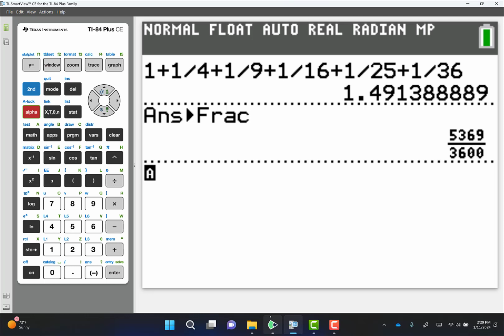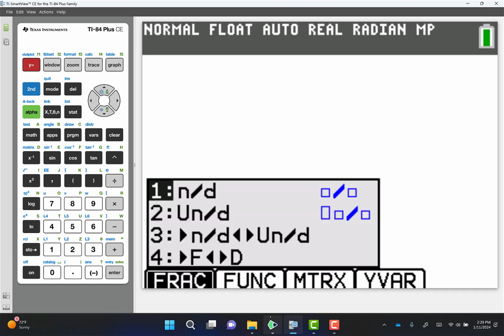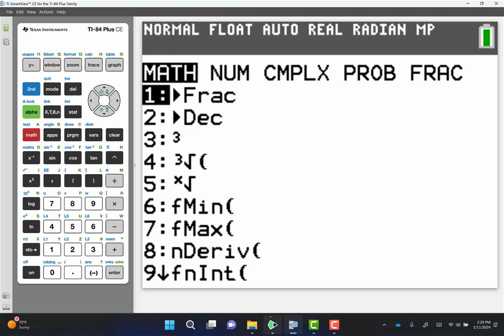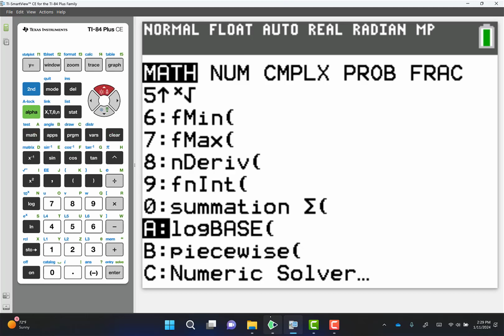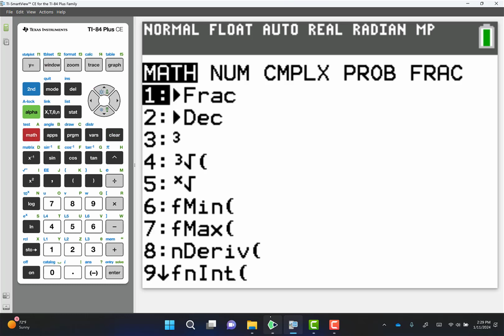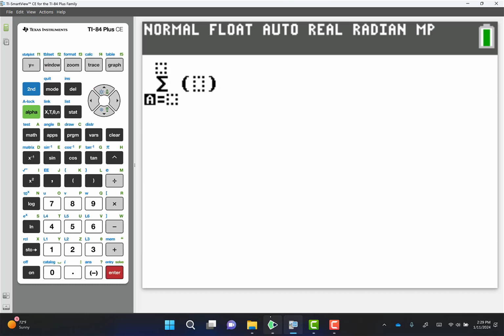If you put parentheses, it's not going to mess it up. As a matter of fact, it's probably preferred to do it like this. Let me show you where the summation is, and see if we get the same thing. Look how strong this calculator is. Math, summation, and you can put any variable here.